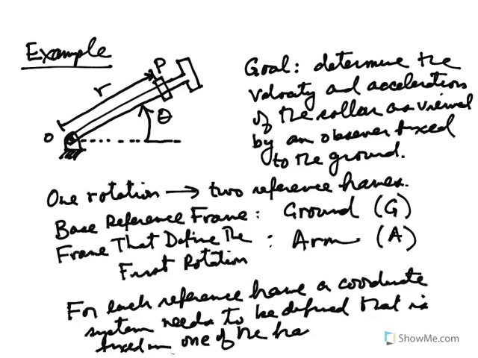In other words, we need one coordinate system fixed in each frame. So for the first coordinate system, we start with the ground, and remember the ground is our base frame.